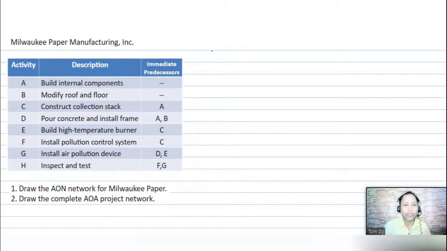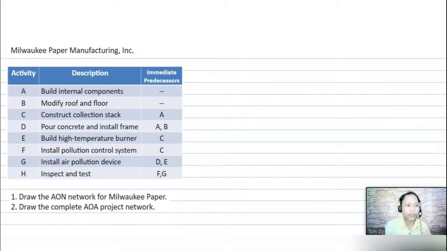So activity on node. I will write here AON, that is for activity on node. So we will have here our starting point, so we will write here start. We have here a circle, this is our node.